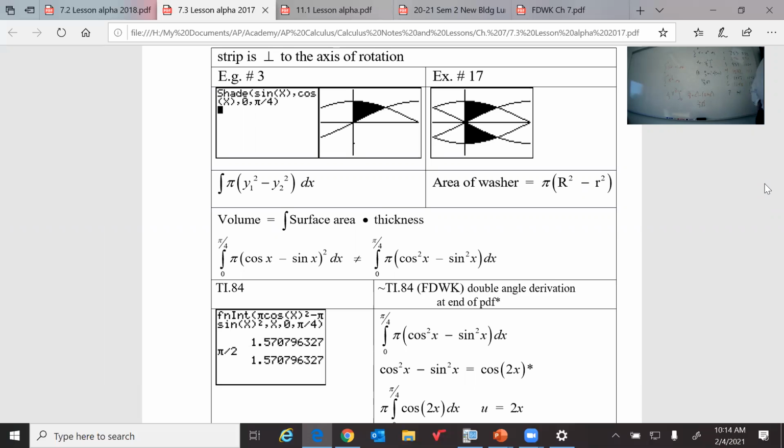So in this question, we would have from 0 to pi over 4, because that's where they meet, pi cosine squared subtract sine squared, which doesn't equal what's on the left. You cannot distribute an exponent over subtraction. Wrong, right.